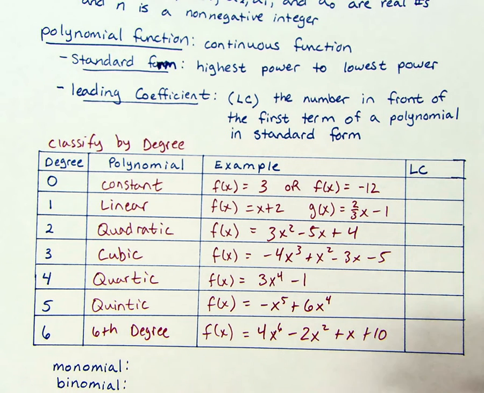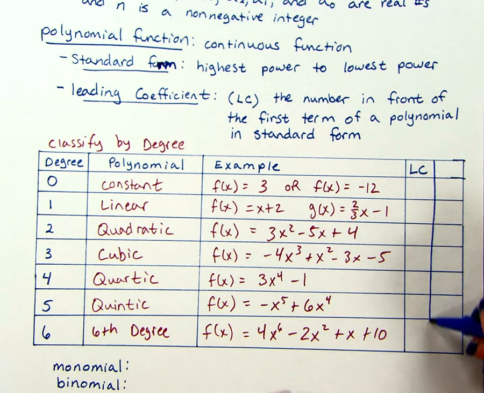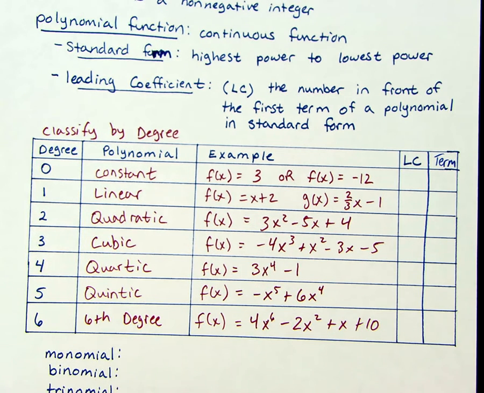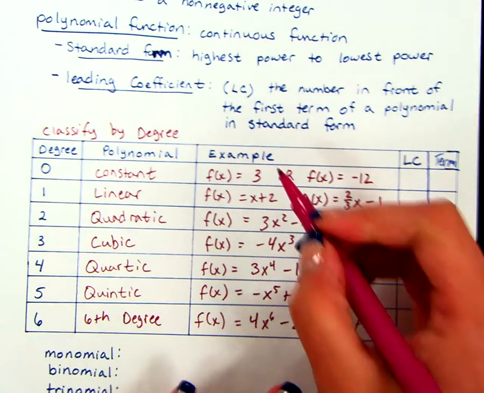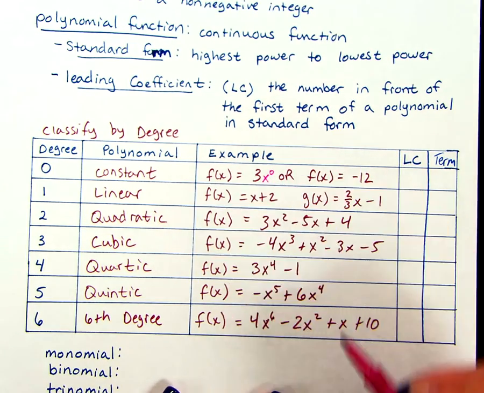Now I have this other column here called the leading coefficient column, and I'm going to split this one more time and put term here. The leading coefficient, again, is the number in front of the highest power. If we take a look at the first example, we are assuming that this is just x to the 0 here, so the leading coefficient would be 3.